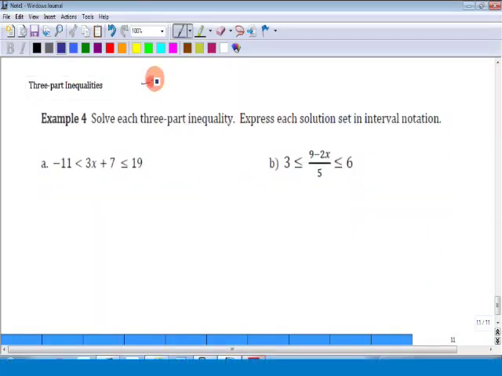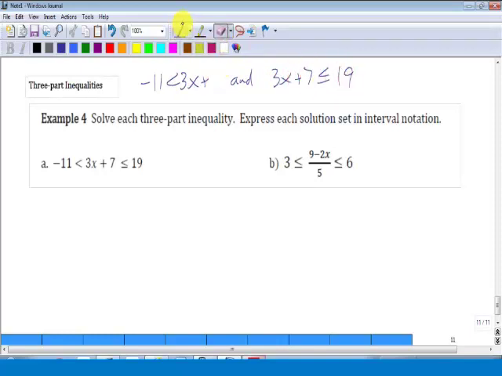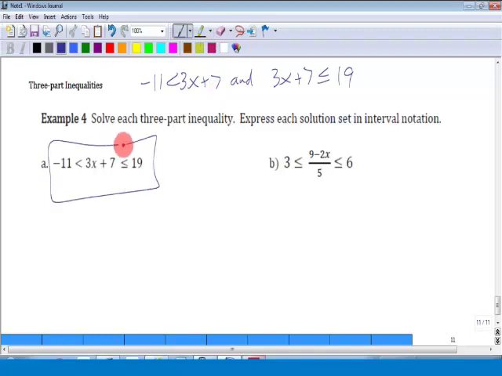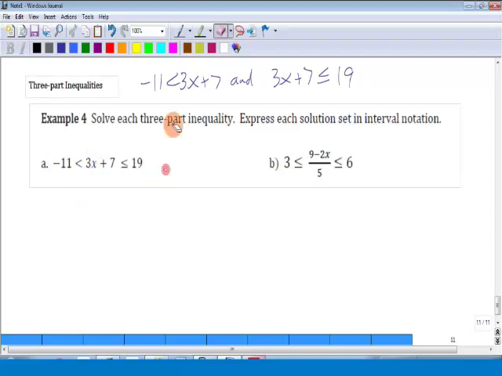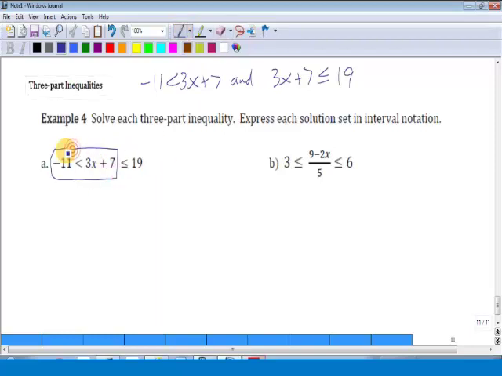If I said negative 11 is less than 3x plus 7 and 3x plus 7 is less than or equal to 19, a shorthand way of saying that is to say that. Basically, we get both at the same time, because on the one hand, negative 11 has to be less than 3x plus 7, and on the other hand, 3x plus 7 has to be less than or equal to 19, but they both have to be satisfied.